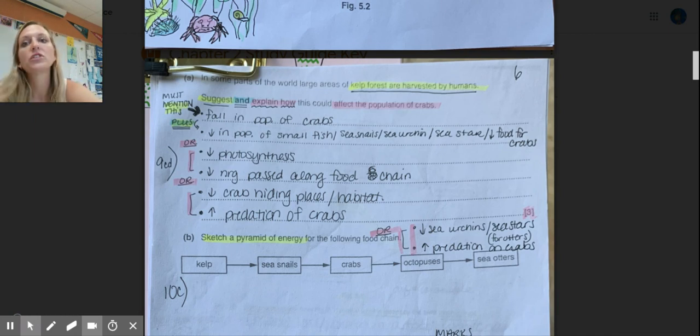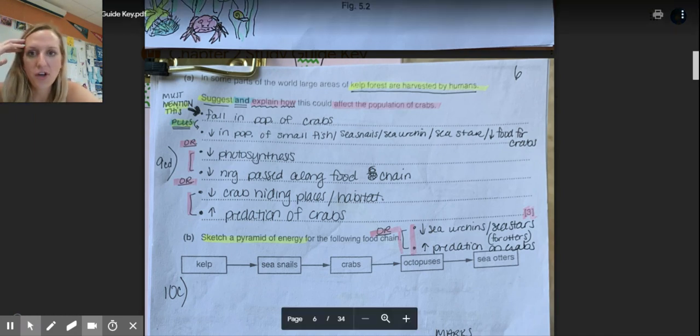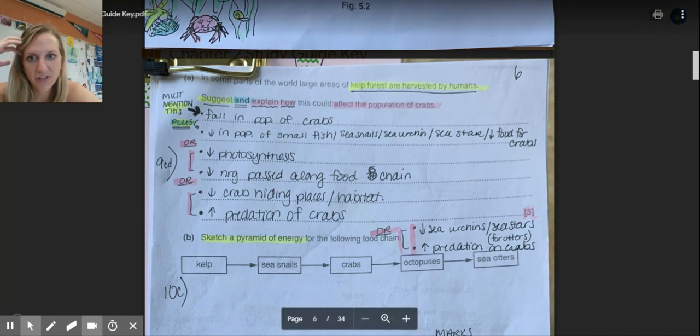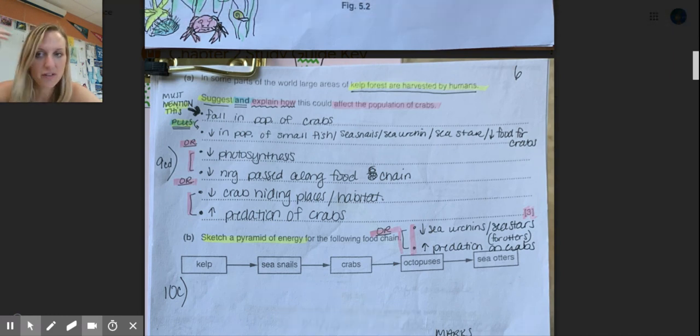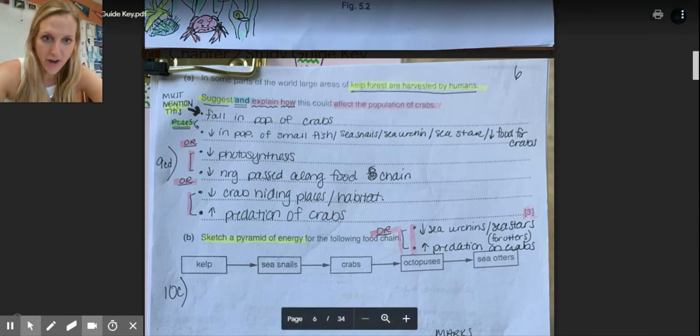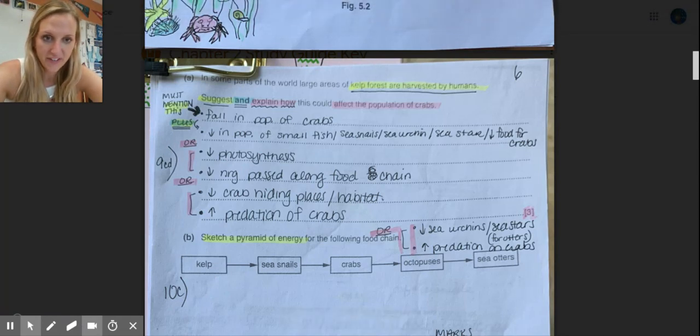Or you could say there's a fall in the population of crabs because there's less photosynthesis and there's less energy passed up the food chain. There's a fall in the population of crabs because there's less crab hiding places or habitats because they live within the kelp. Therefore, there's more predation on crabs because they can't hide. Or there's a fall in population of crabs, and then it's because you have less sea urchins or sea stars for the sea otters.